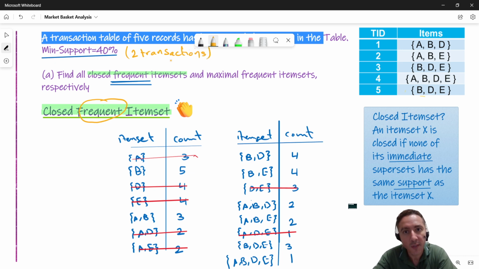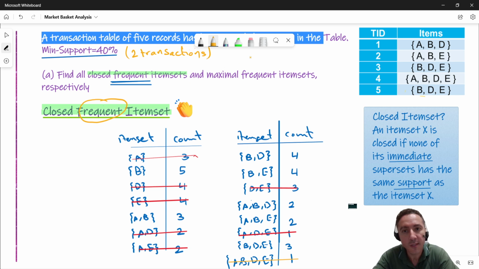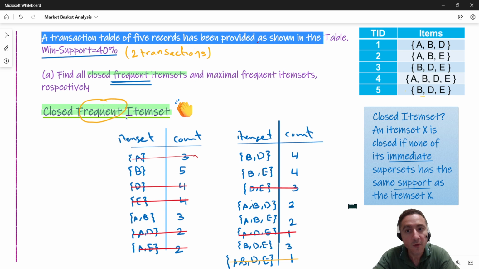Now it is quite straightforward. Any of these that do not fulfill the minimum support threshold condition? All are okay except this one. I put it in a different color so you can recognize why this has been ruled out. So as a result, these are the closed frequent item sets.